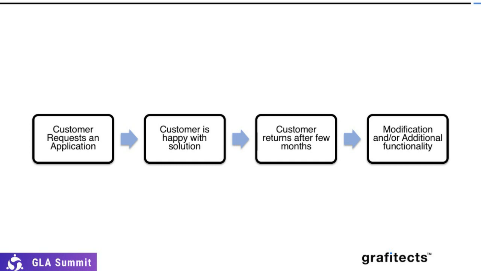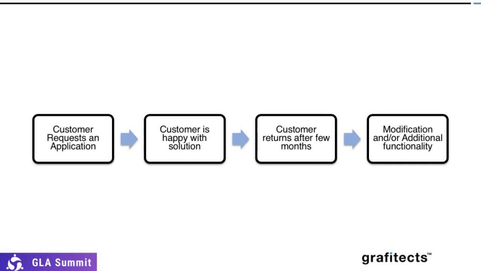Now the next step: you start working on other projects, and eventually the customer comes back to you and asks for certain modifications. But the main issue is that you worked on that project a long time ago, maybe 5 or 6 months, or even 1 or 2 years. Now there can be some issues. We'll look into that in a moment.